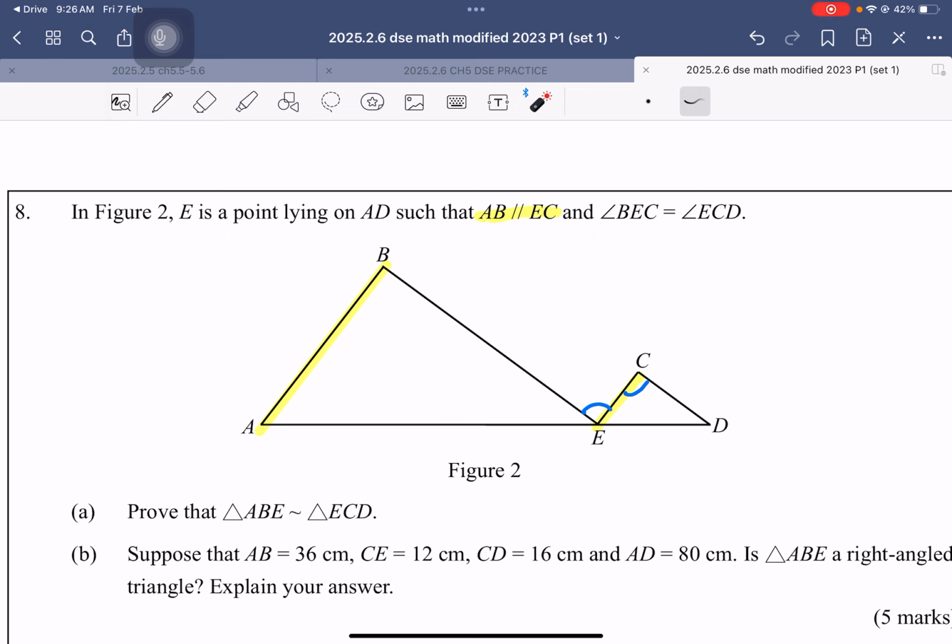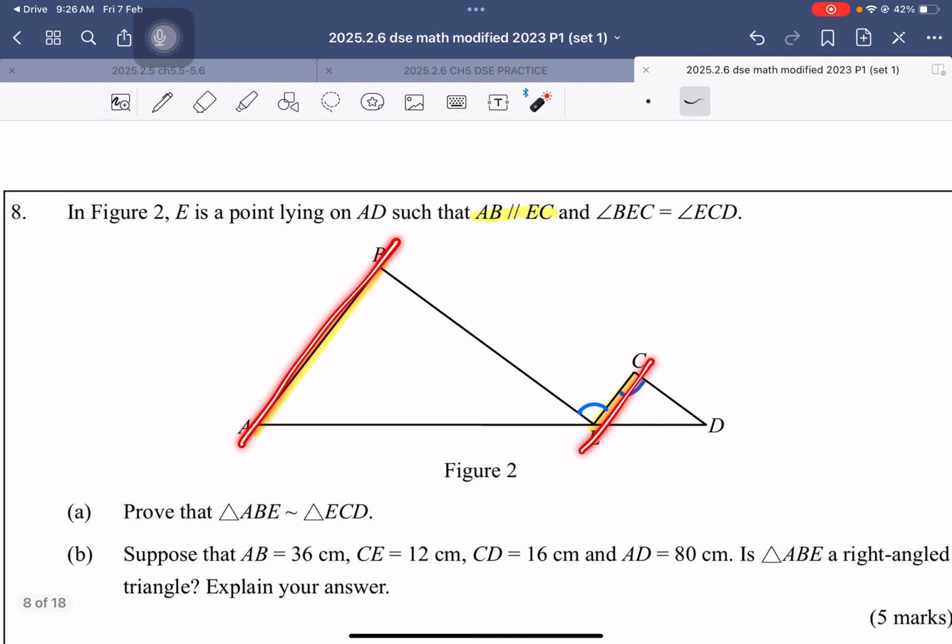So first of all, what can we say? If these two lines are parallel, then what are we going to have? Angle ABE equals angle BEC, because it would be an alternate angle. No, wait. First of all, we can have BAE equals CED.